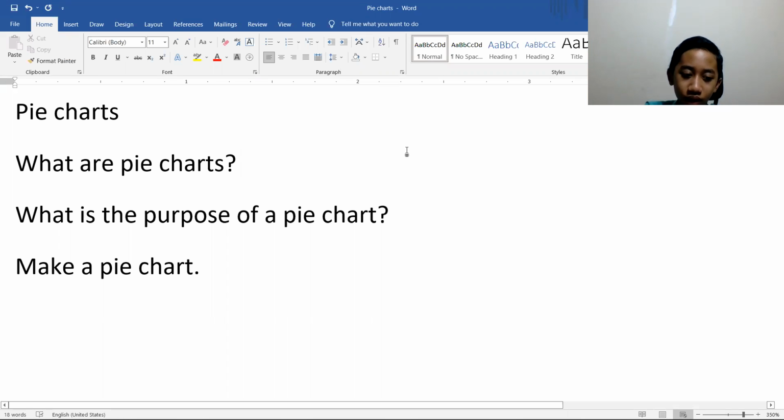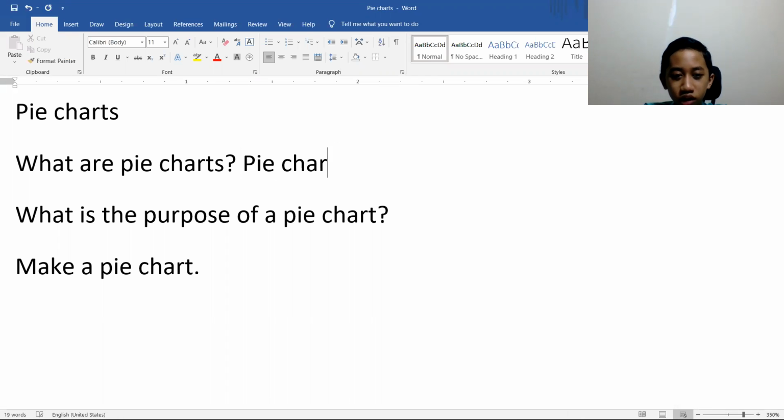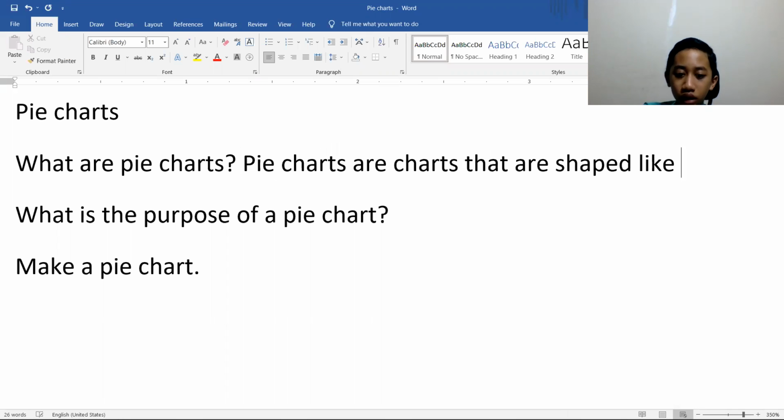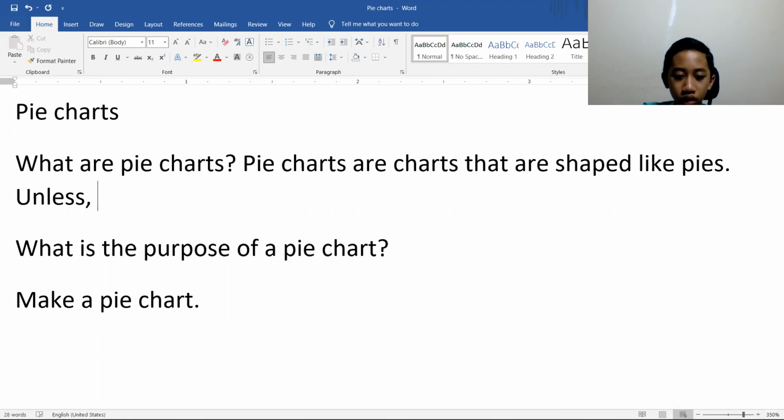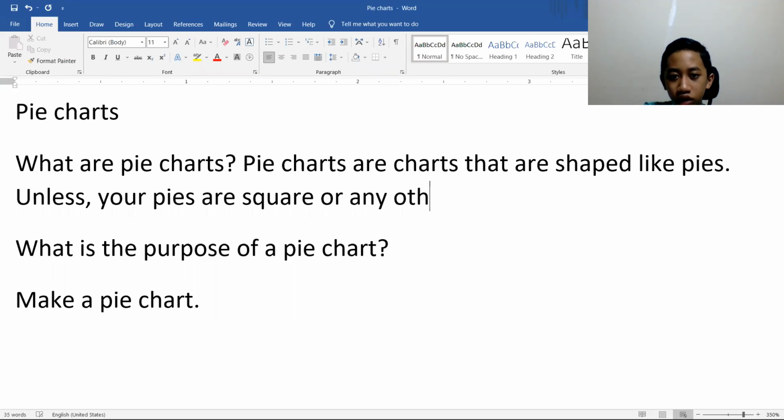Next step. Pie charts are charts that are shaped like pies, unless your pies are square or any other shape that is not a circle.